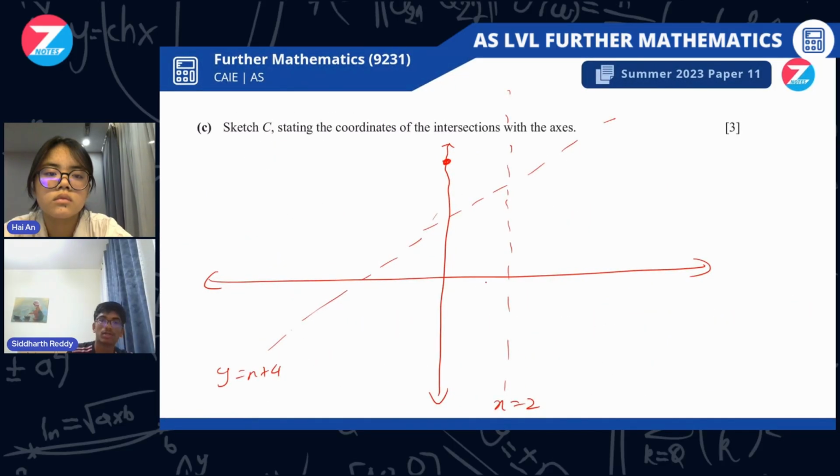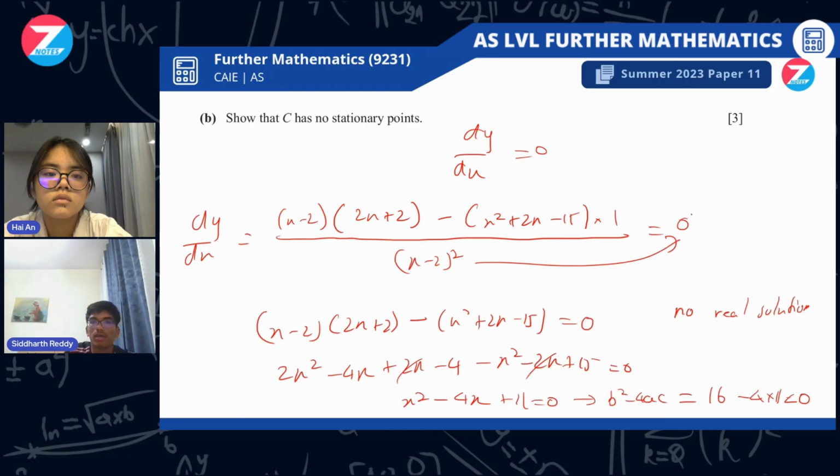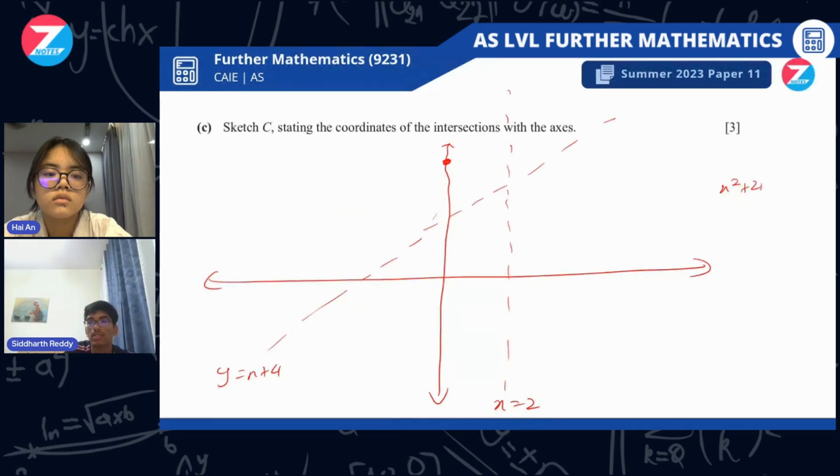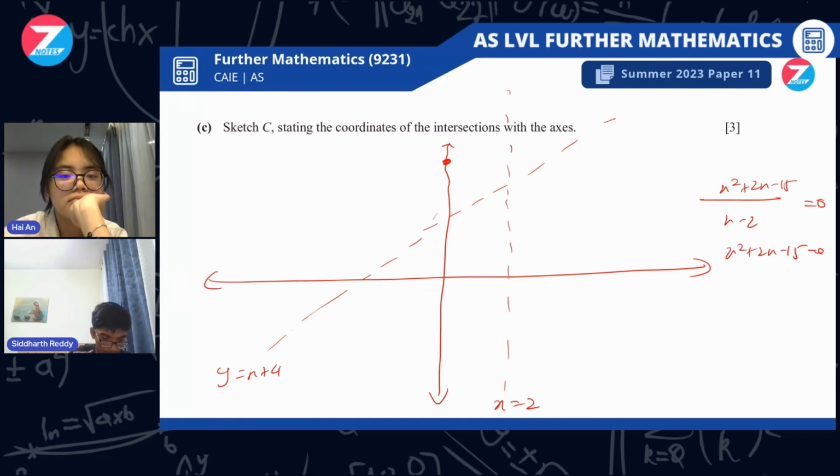And for the x-intercept, we have x squared plus 2x minus 15 divided by x minus 2 is equal to 0. So x squared plus 2x minus 15 is equal to 0. Let's find the solution for this. 1, 2, minus 15.